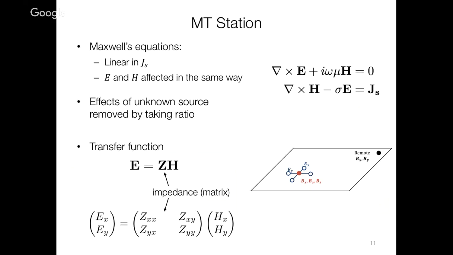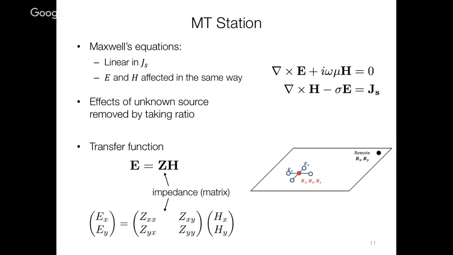Transfer functions really codify a relationship between one field and another field. So in this case, we've got the horizontal electric and magnetic fields at a particular point, and the horizontal electric fields are related to those with what's called an impedance matrix or impedance tensor. This is a 2x2 tensor, and it tells you how the electric field in the x direction depends upon Hx and Hy at this point. So inside of this is all the information about the electrical conductivity structure here.